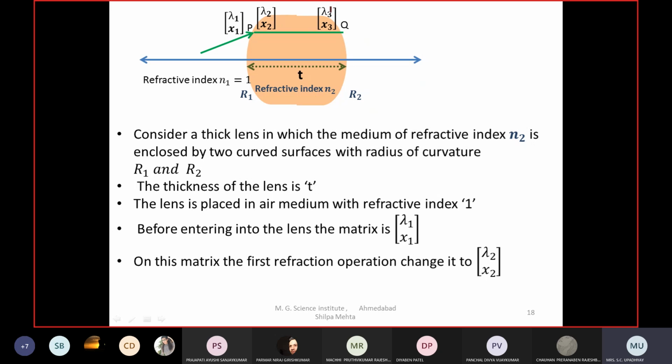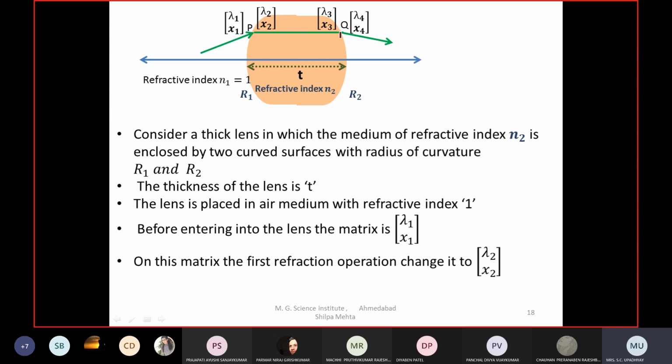So now which operation changed this matrix λ2 x2 into λ3 x3? Translation. Refraction, then translation in the medium of refractive index n2 by how much distance? T on the axis of symmetry. And as it emerged, the lambda 3 x3 is converted into lambda 4 x4.